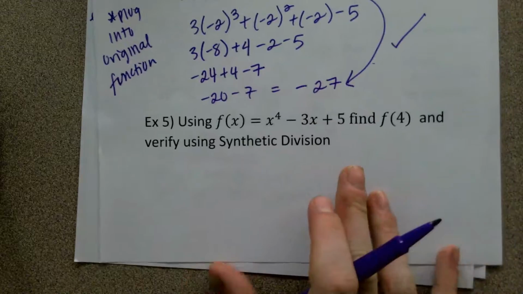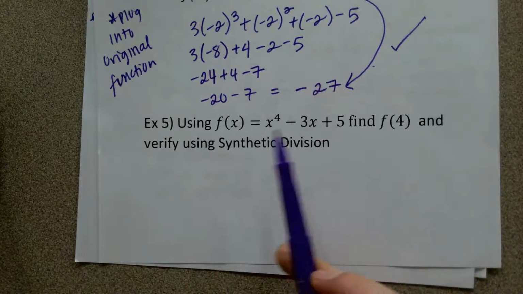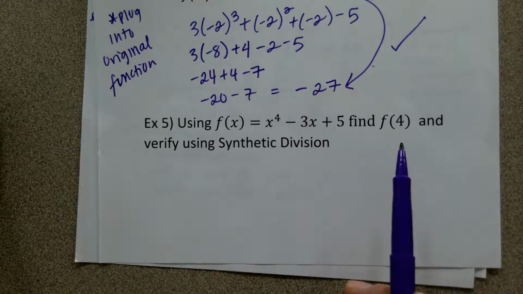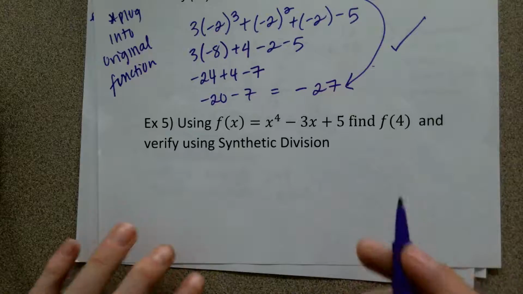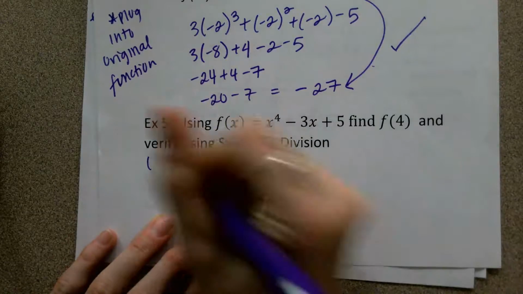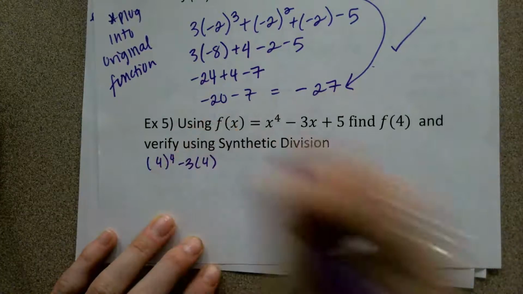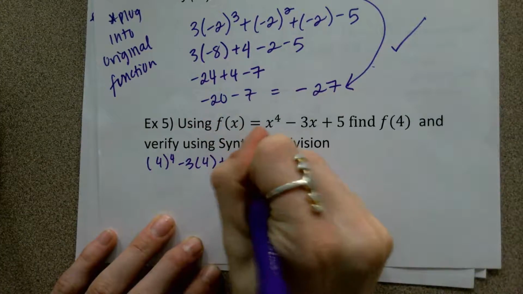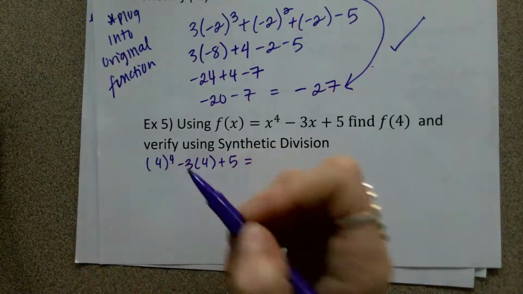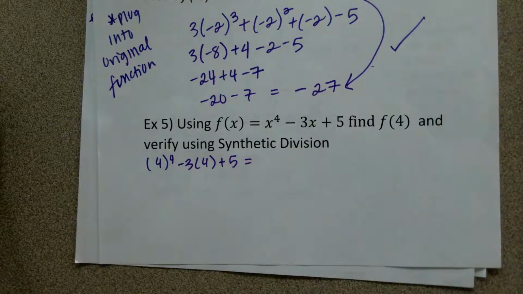Going backwards using this function, find f of 4 and then verify using synthetic division. So we would just plug 4 in for x. 4 to the 4th power is 64, I believe. 4 times 4 times 4 times 4.